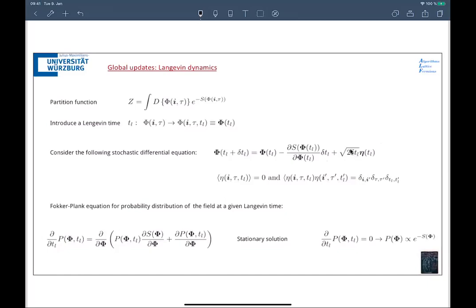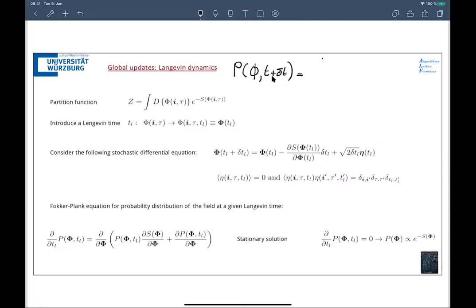Well, you can define a Fokker-Planck equation. Let's assume that I'd like to define the probability distribution of having the field phi at time t plus delta t.